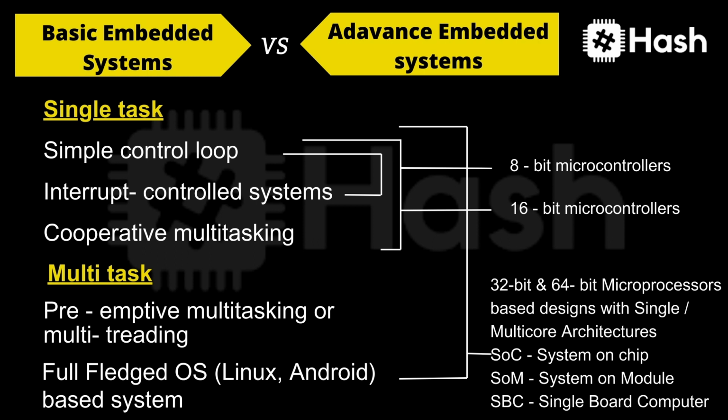When we talk about basic embedded systems, generally it is a simple loop control embedded system. That means there are one or two loops in which a repeated activity is performed by the embedded system. It is an interrupt control system. That means the device has the capability of behaving in a certain way when a certain interrupt or an event occurs.